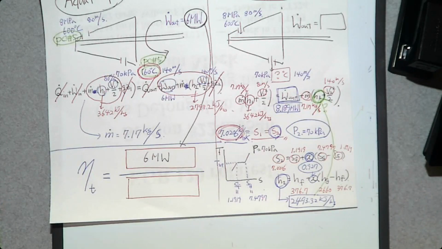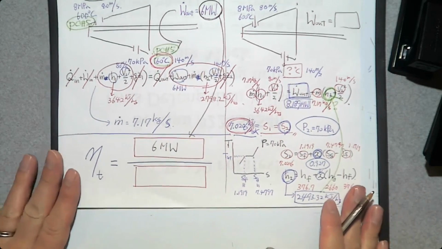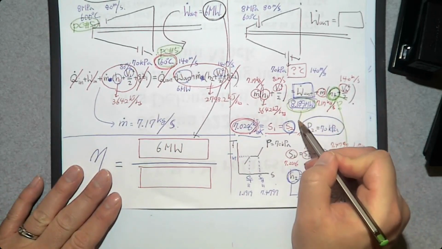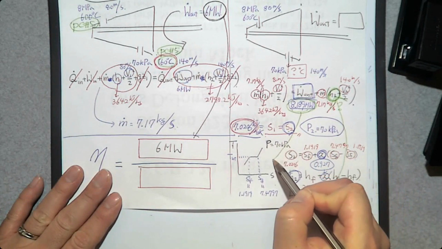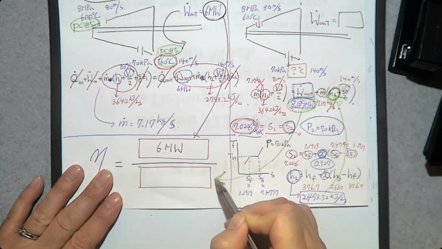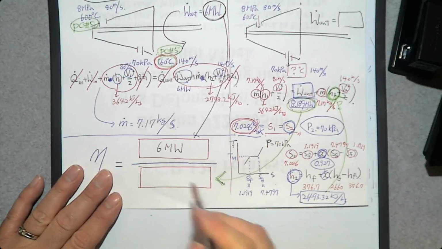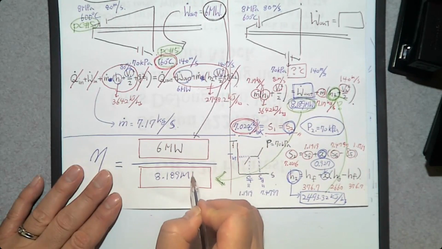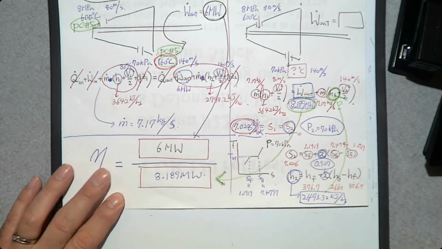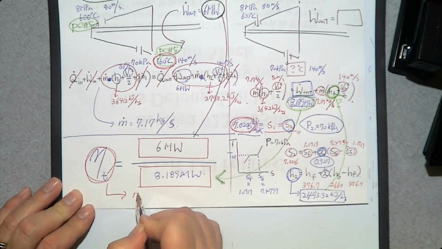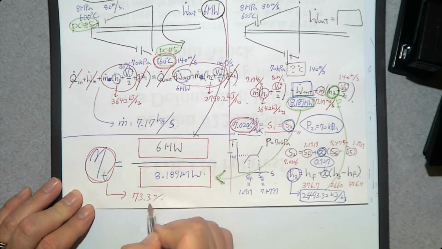I'm sorry for that again, since we got no space. So this number goes flying here. 8.189 megawatt. Now the isentropic turbine efficiency is 73.3%.